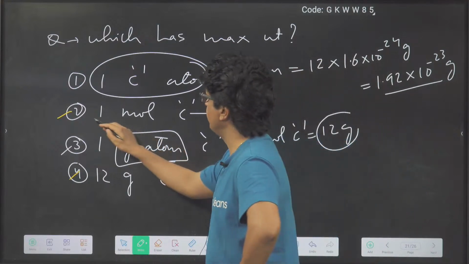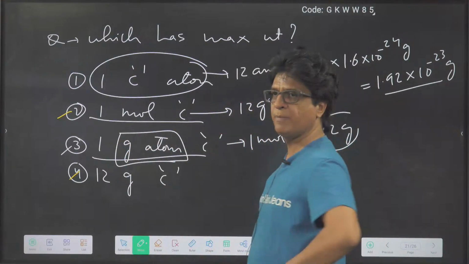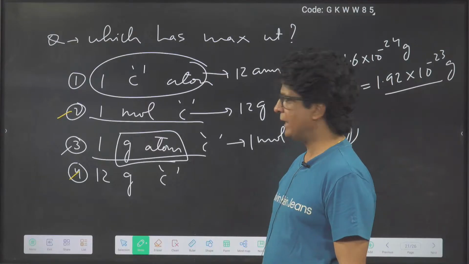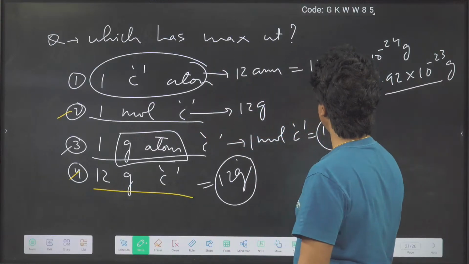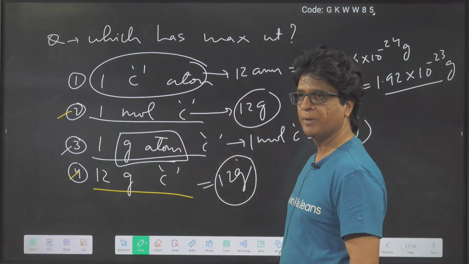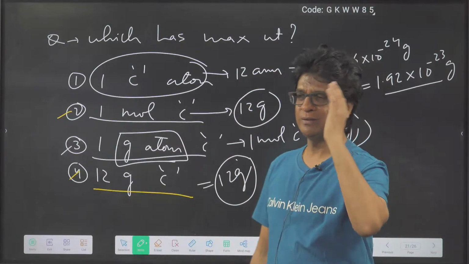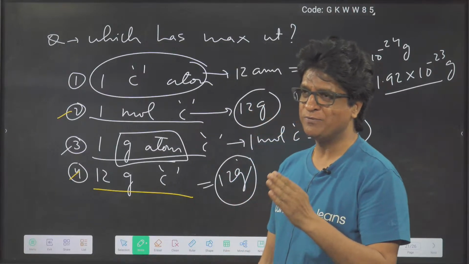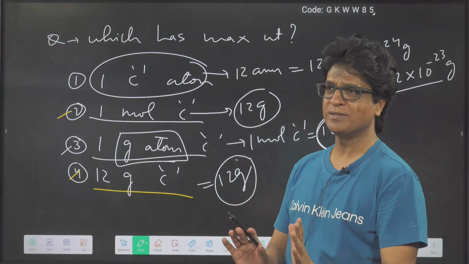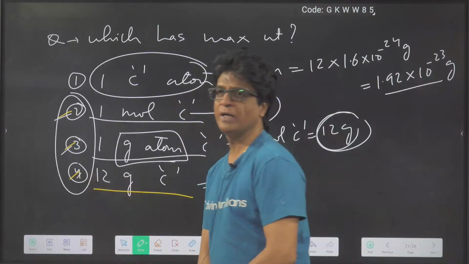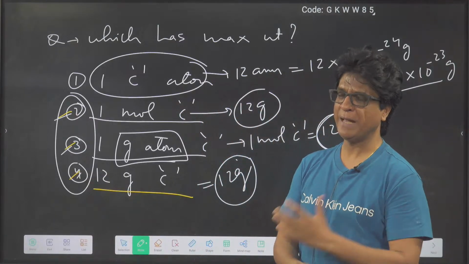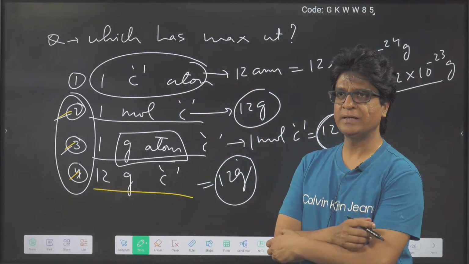So either you say 1 mole of carbon or 1 gram atom of carbon, it is the same thing. And 12 gram of carbon is 12 gram. They all are the same. Boys and girls, you need to focus. So the correct answer is 2, 3 and 4, which have the same maximum weight. Is that clear to all of you or not?